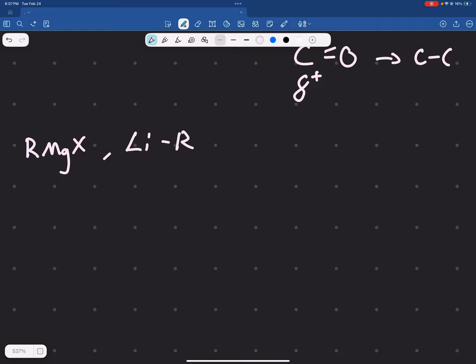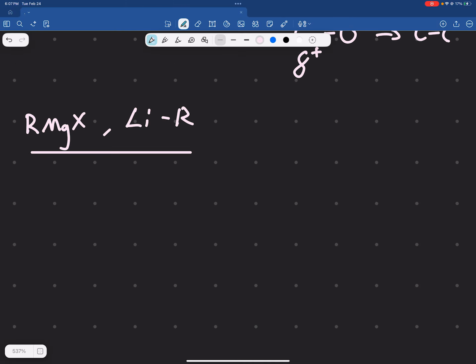So both of these compounds are going to readily react with any sort of proton donor stronger than the alkane from which they came, because both of these compounds are very strong bases. So something like this would be a stronger base than, say, water.